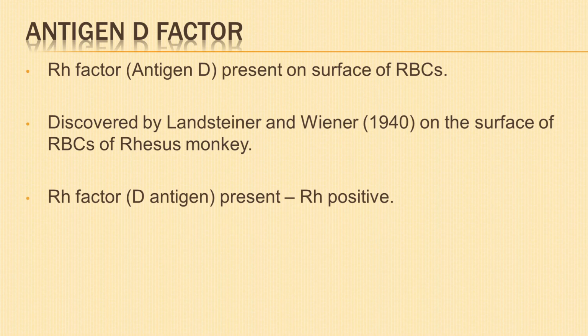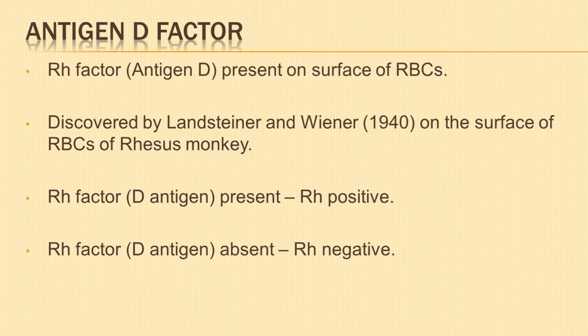Persons having Rh factor, that is D antigen, on the surface of their RBCs are Rh positive, and those lacking Rh factor on the surface of their RBCs are called Rh negative.